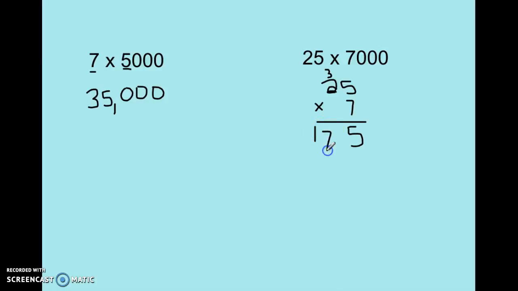But I'm not done, because now I have to add on my zeros, and I've got 1, 2, 3 zeros. 1, 2, 3 zeros, and I count over 1, 2, 3. So I get 175,000. All right, we're going to keep going.